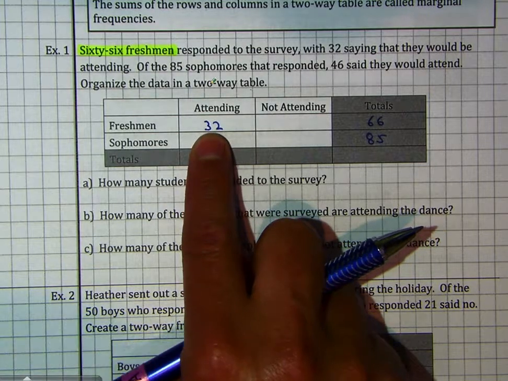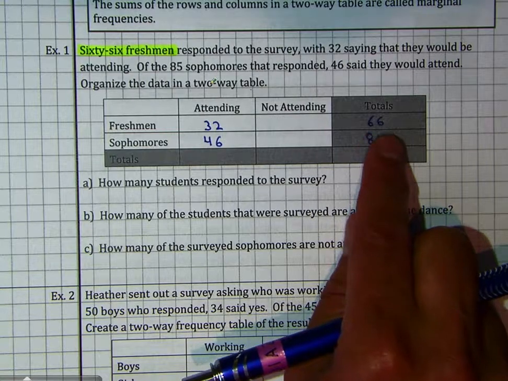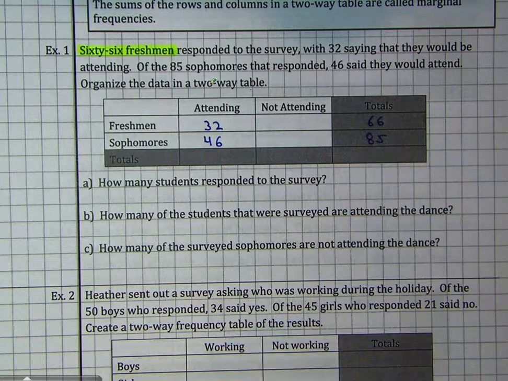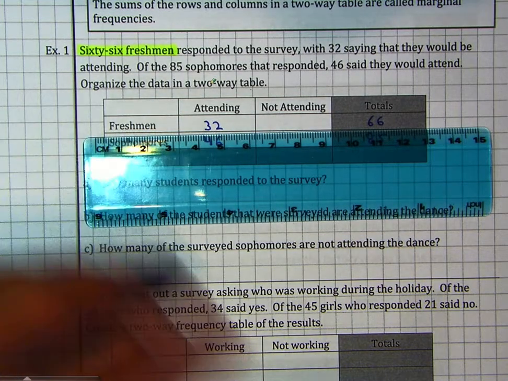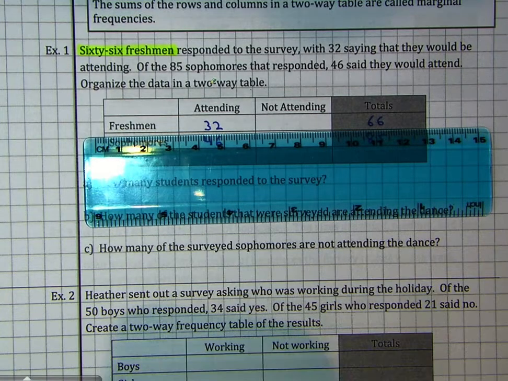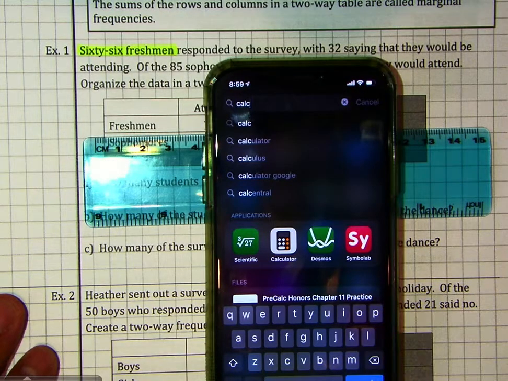In this case, 32 attending, a total of 66. How many are not attending? You can use a calculator. If you have a scientific calculator, or another option is to search your app store.